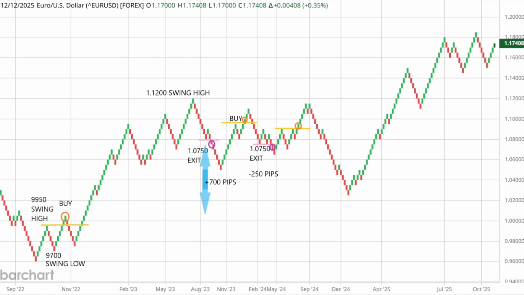Price soon closes below the swing low near 1.105, giving us a small gain of about 50 pips. Price then drops again to around 1.025 and begins climbing. A swing high forms near 1.045, with a swing low around 1.03. When price closes at 1.05, we enter again.